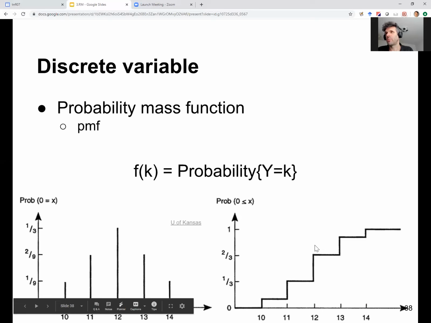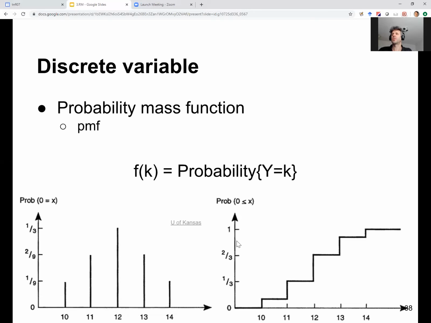For instance, the probability that your random variable will be smaller than 12 is 2/3. The probability that it will be smaller than 13 is something else between 2/3 and 1, and so on. So the probability mass function shows the probability of the random variable assuming different values.